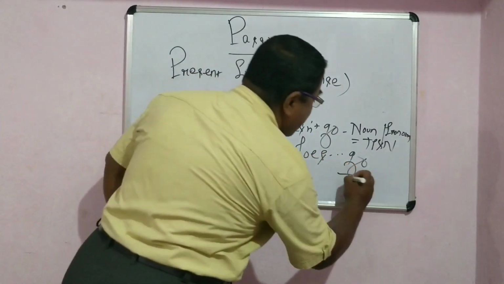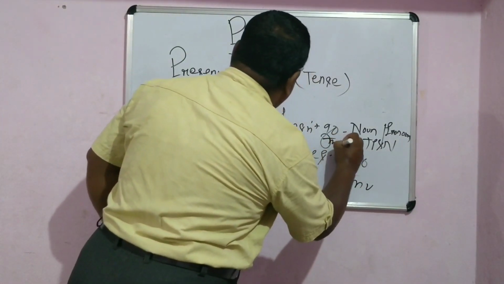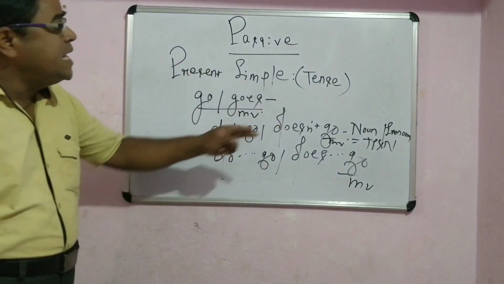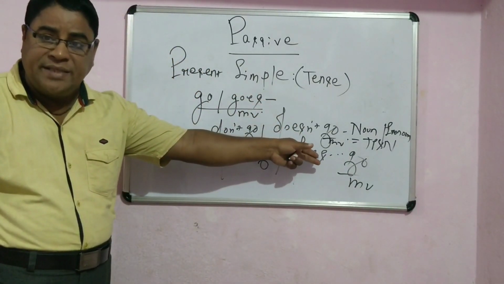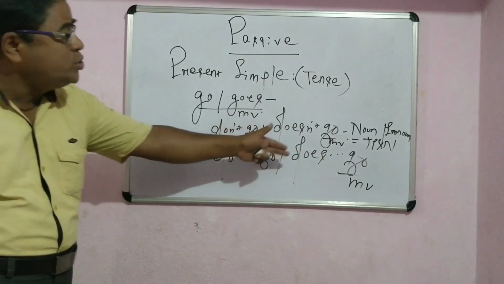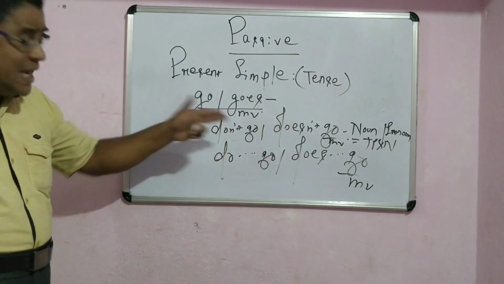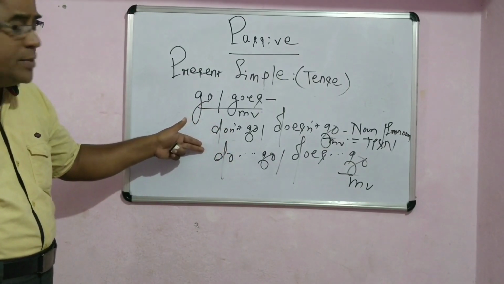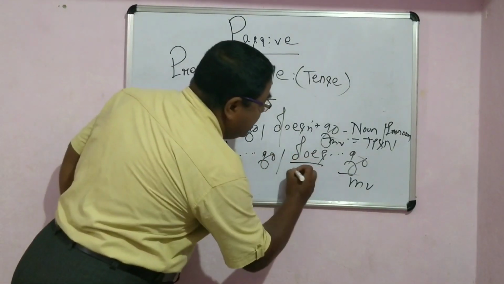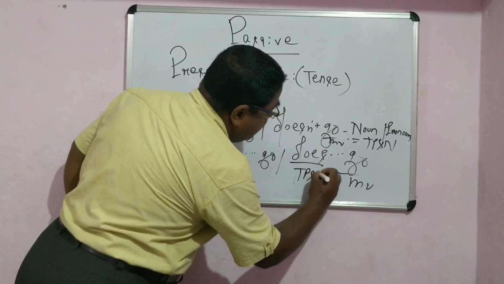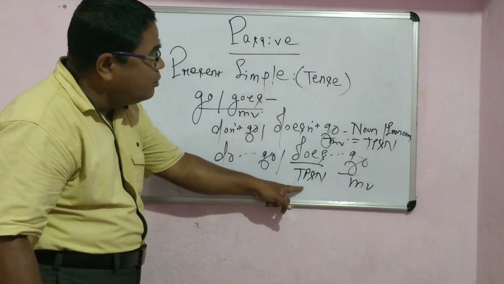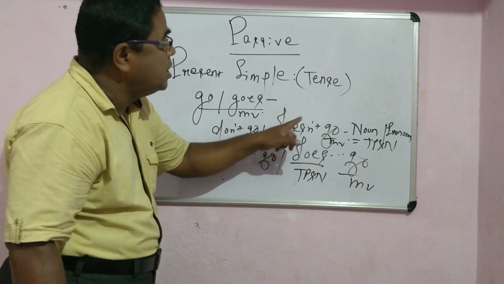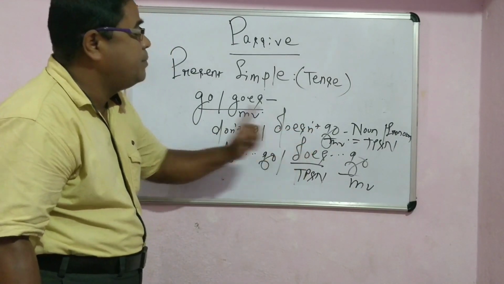Here go is the main verb. Remember, go is the main verb because it has its own meaning. Main verb means they can be used independently in sentences. Auxiliary verbs are used just before the main verbs. That is why the auxiliary verb is also known as helping verb. So here, does is for TPSN, third person singular number. That means if the noun is in third person singular number, you can use does both in a negative and interrogative.